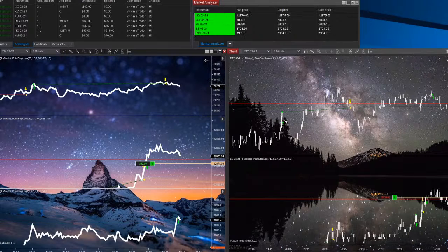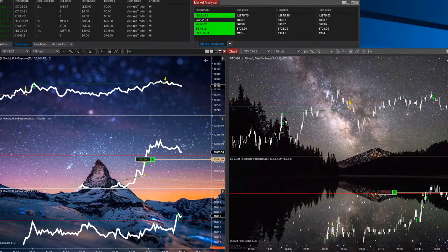So you take 1 mini in corn, you make $2,000. No, that's 5 minis. So you make $400, and your max loss was $50 over a 5-month span, or $20, something like that.